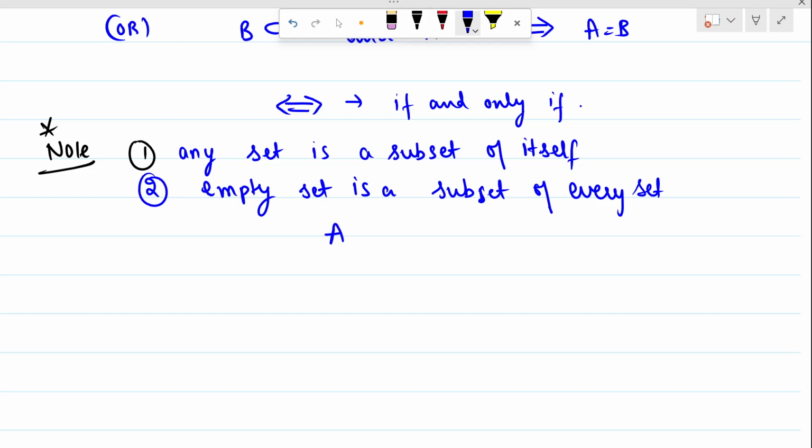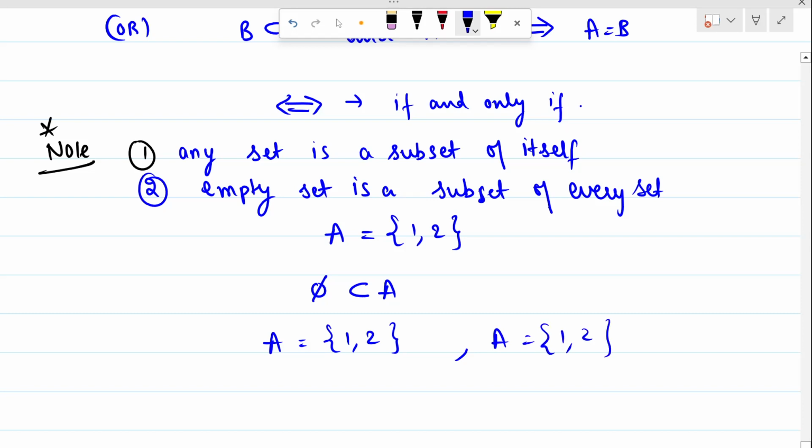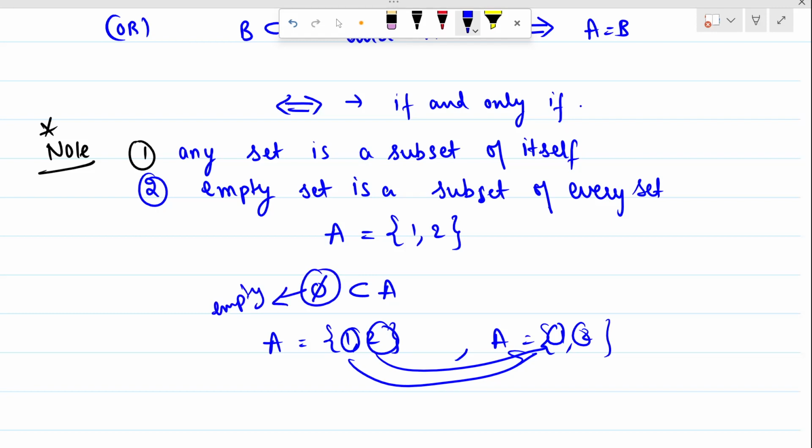If A is the set {1, 2}, then phi is a subset of A, and if we write A equal to {1, 2} and another set {1, 2}, every set is a subset of itself. So this is the empty set, which is a subset of A. So any set is a subset of itself, and the empty set is a subset of every set.